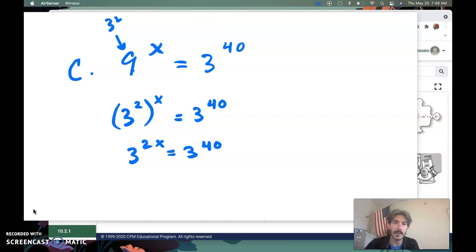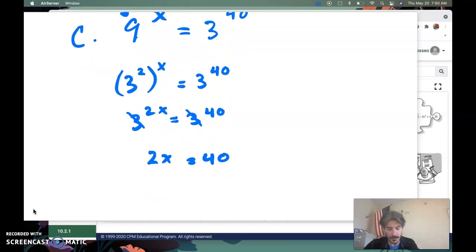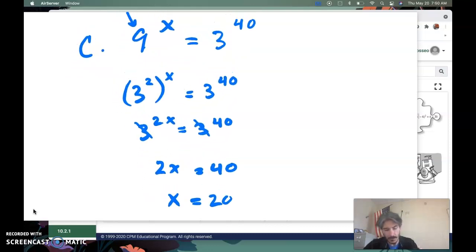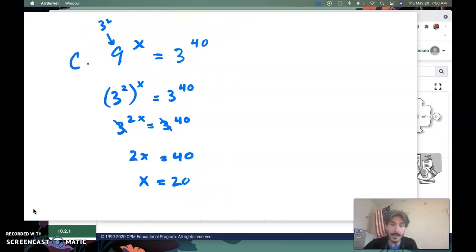And folks, look at that. Now those bases are the same, so I'll cancel them out. I'll set those exponents equal to each other, and I get 2x is equal to 40. I divide both sides by 2, and I get x equals 20. And that's how we can use a rewriting strategy to solve that problem.